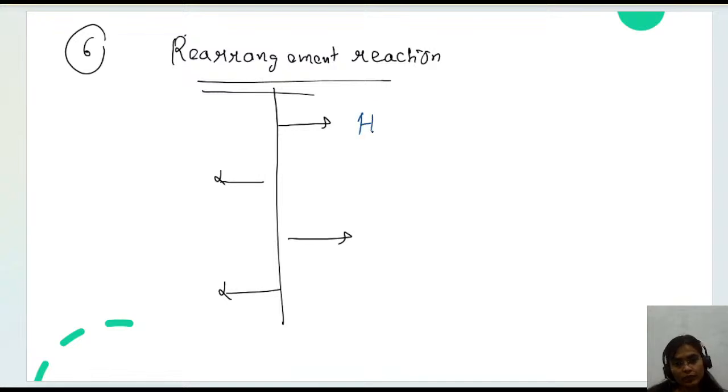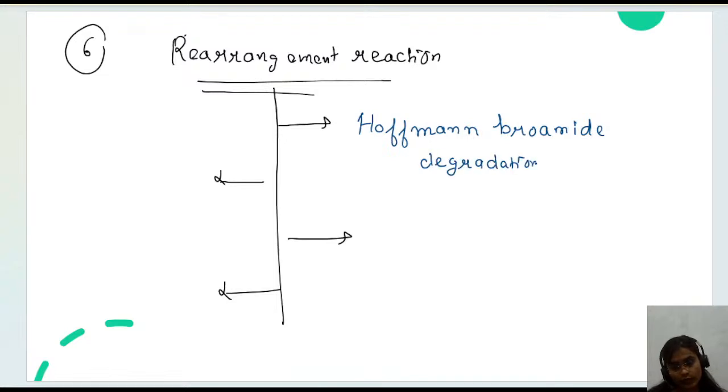The first one is the Hoffman bromamide degradation reaction. As the name suggests, in this case we are going to use bromamide. We will discuss all these things one by one.